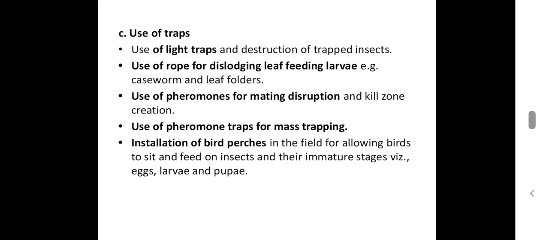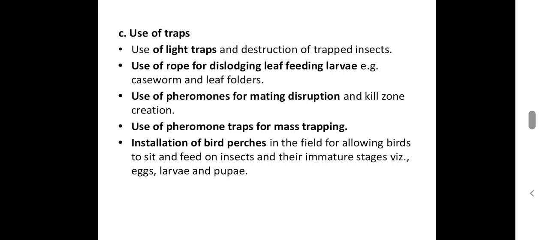In this case, light traps are used against some sucking pests like aphids and white flies. Then use of rope for dislodging the leaf feeding larvae, in case of caseworm in rice. Then pheromone traps are also used for mating disruption, which will collect or trap the males.